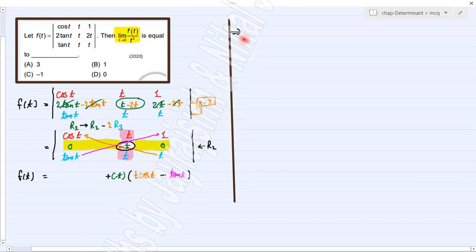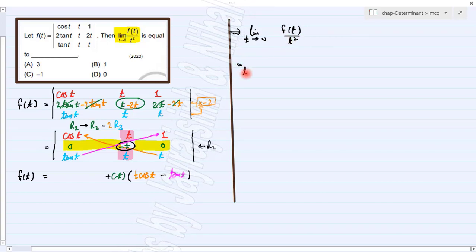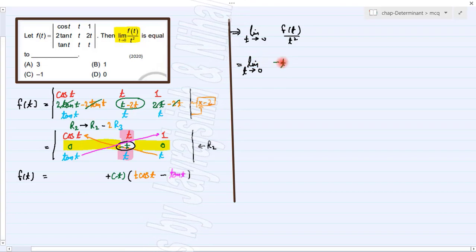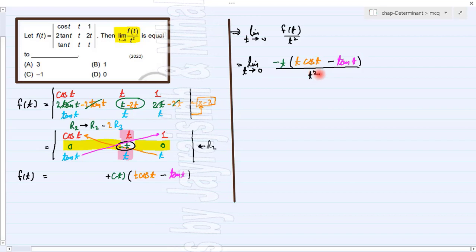So we are ready to find the limit as t tends to 0 of f of t upon t square. We already found the value of f of t, which is minus t into t cos t minus 10t, whole divided by t square.